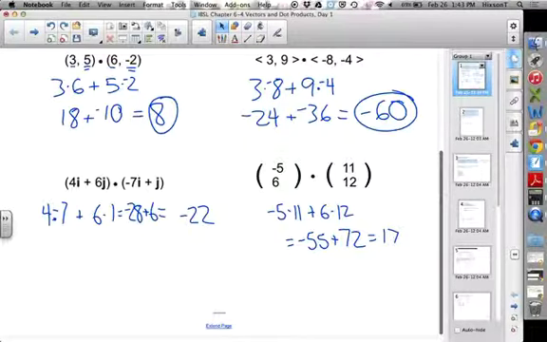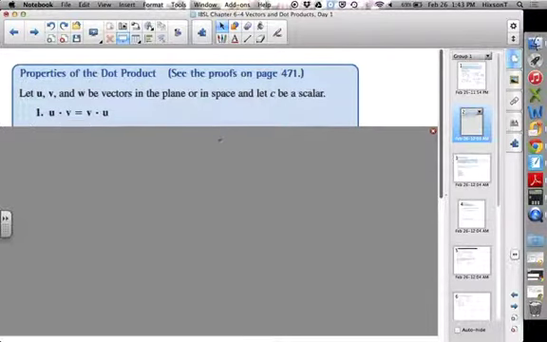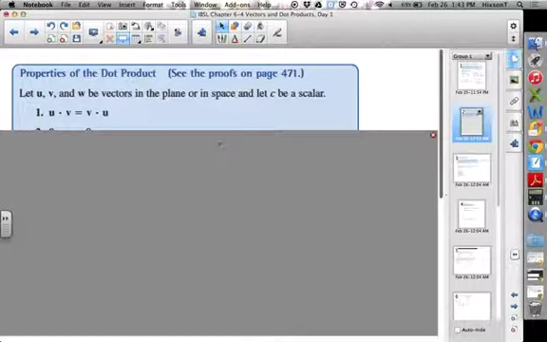Alright, so that's how to find the dot product. And there is no catch. That's it. Okay? I do want to look at some properties though of the dot product. First of all, notice on all of these, u, v, and w are vectors and c is a scalar. Okay?